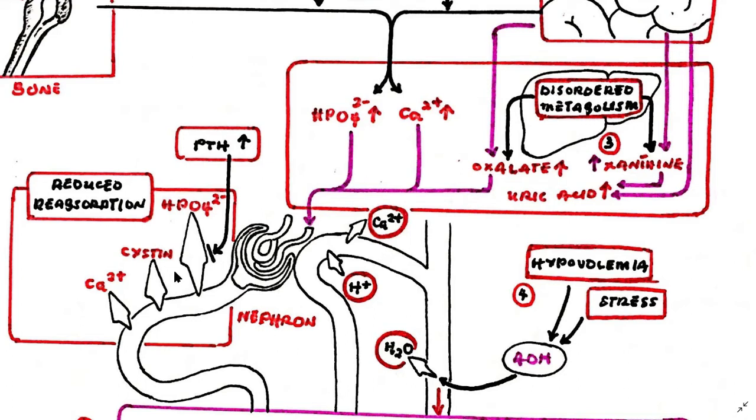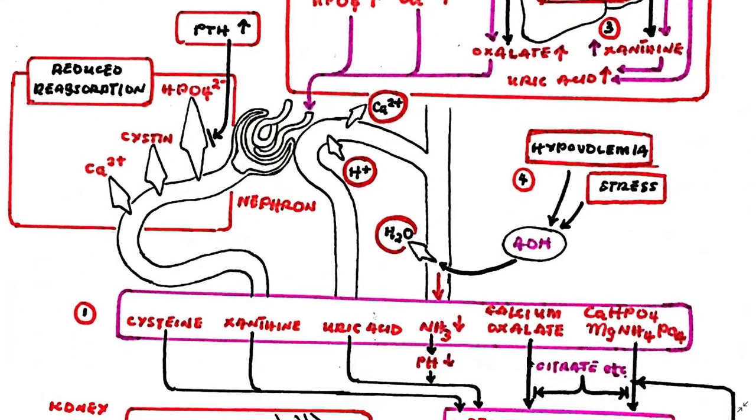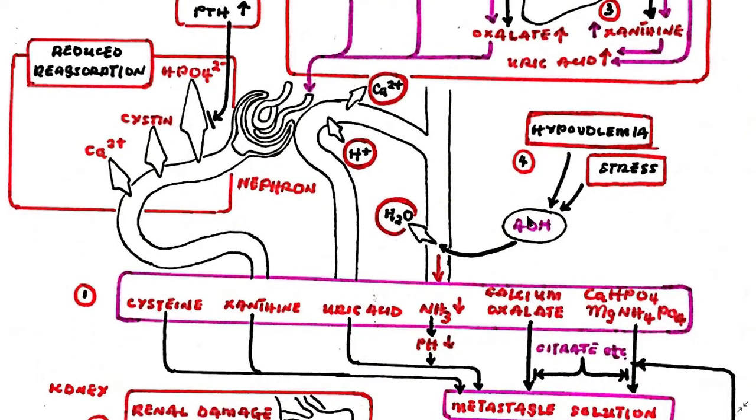Release of antidiuretic hormone in volume depletion or hypovolemia, as well as in stress, induces an action on the aquaporin channels of the nephron, causing increased reabsorption of water. This leads to a raised concentration of stone-forming substances via enhanced urine concentration.